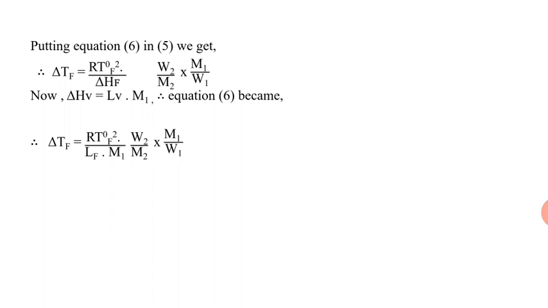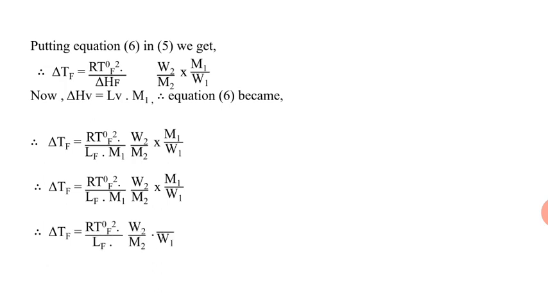Here M1 is present in numerator and denominator and gets cancelled and we get a new equation: delta Tf is equal to R T0f square upon Lf into W2 upon M2 and 1 upon W1. That is our equation number 7.